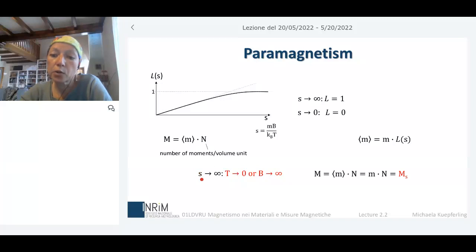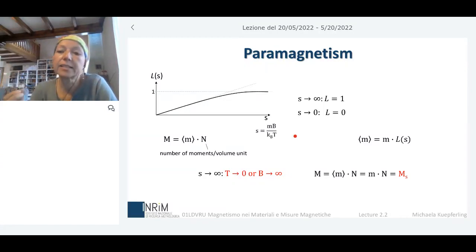And the argument gets infinite. Of course, you can see this here easily. If the field is very, very high or the temperature is very, very low. So at very low temperatures, all magnetic moments should be aligned.